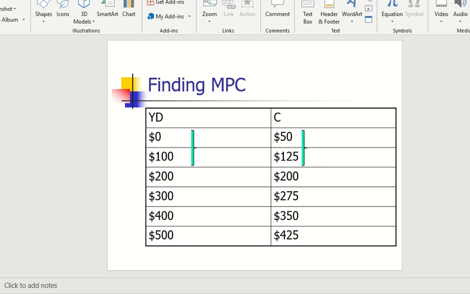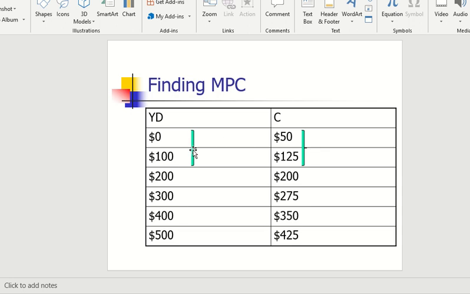So let's come back. I hope you have taken a couple of minutes to look at the data and try to find the marginal propensity to consume. So many of you probably would notice that there is actually a consistent pattern. For every $100 increase in disposable income, you can see that consumption increases by $75.